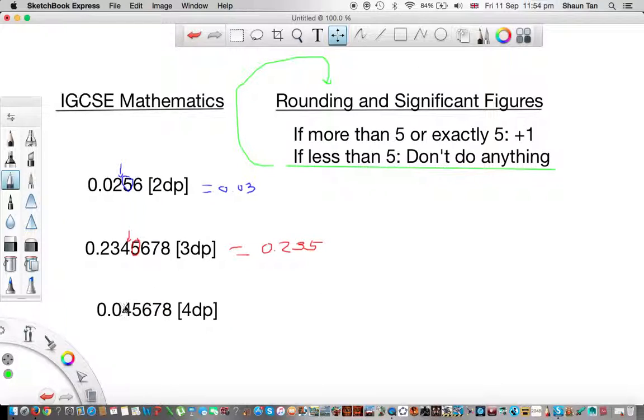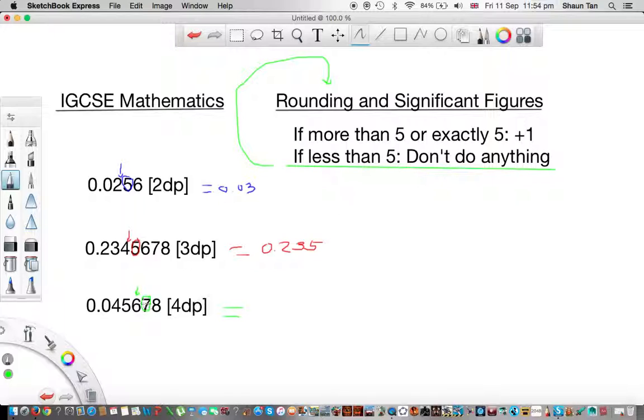Now 0.45678. Now look at the 4: 1, 2, 3, 4. Look at this number right here. This is what we're changing. And look at this number here. It's what decides whether we add 1 or keep it the same. Looking at this rule, it says if it's more than 5 or exactly 5, add 1. If less than 5, don't do anything.